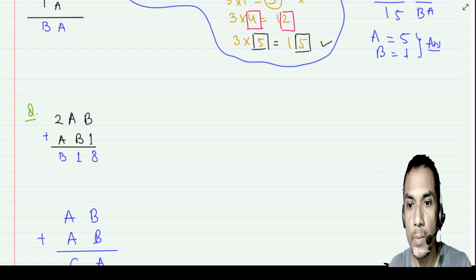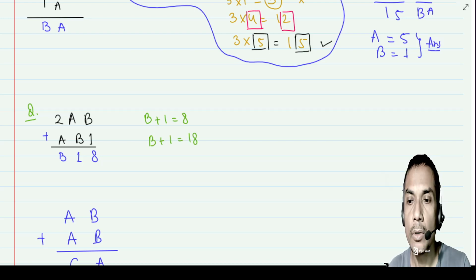Just look, B plus 1 is equal to 8. Okay, so if we just do the calculation, B plus 1, we can get 8. So are any other possibilities there? B plus 1 equal to 18 is possible.